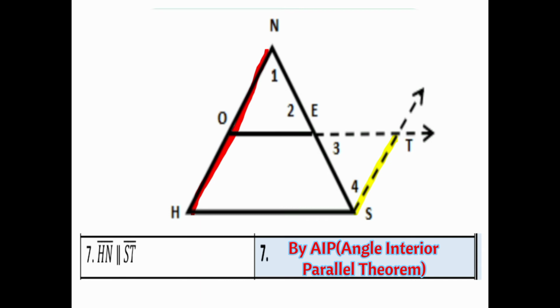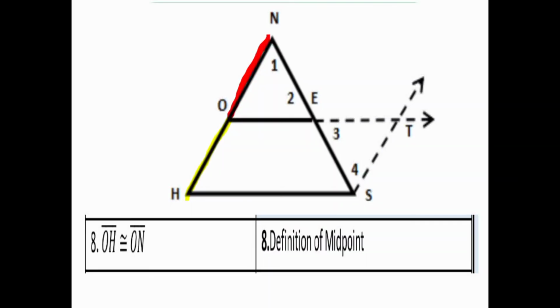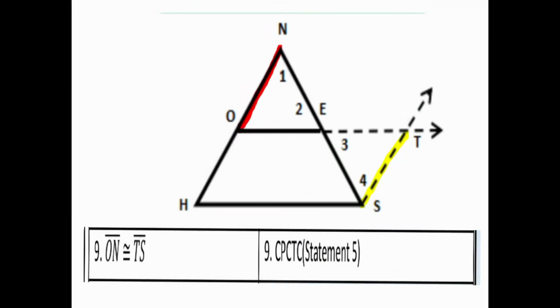Therefore, line segment HN is parallel to line segment ST. Next is number 8. Line segment OH is congruent to line segment ON. Reason: definition of midpoint. Next, number 9. Line segment ON is congruent to line segment TS.